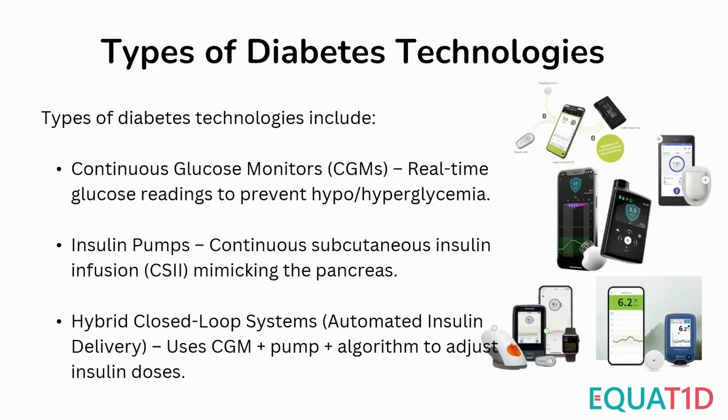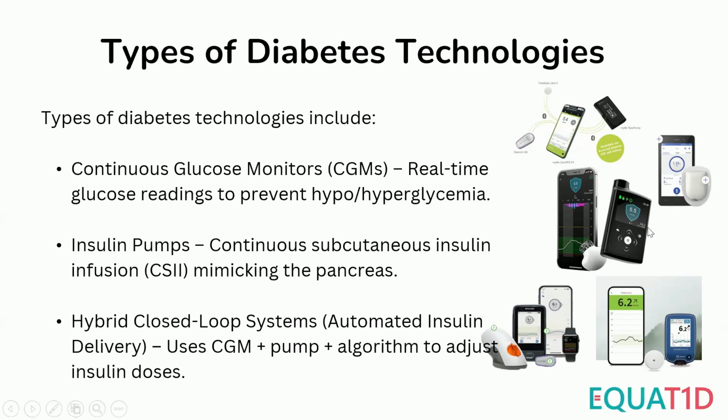So continuous glucose monitors, or CGM, provide frequent real-time glucose readings, which can be used to help prevent low blood sugars, hypoglycemia, or high blood sugars, hyperglycemia. Insulin pumps, which the scientific name is continuous subcutaneous insulin infusion, or CSII, can be used to continuously deliver small amounts of insulin to more mimic what the pancreas would do in someone without diabetes.